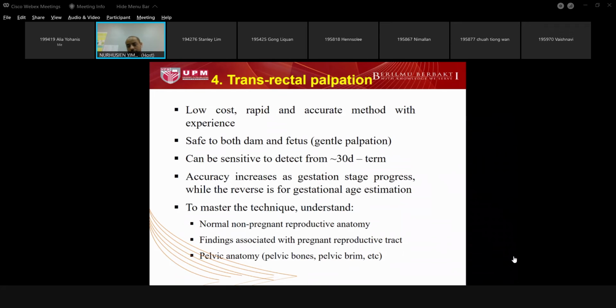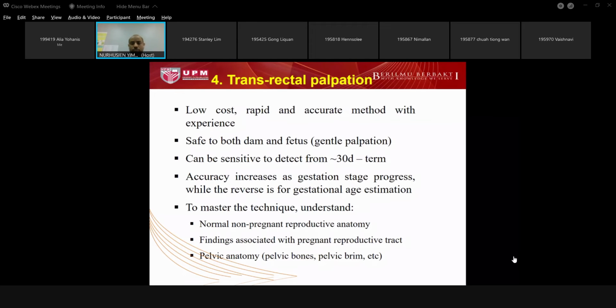So what does it take for you to master this technique, or what are the things that you really need to understand to master transrectal palpation? One of the most important things is to understand the anatomy of the reproductive system of a non-pregnant cow.